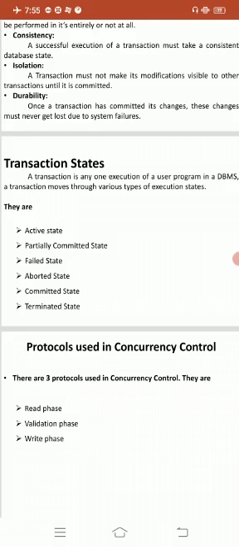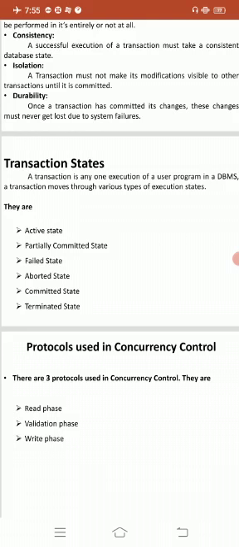The transaction is active. When execution begins, a transaction goes into the active state. In this state, a transaction can issue read and write operations.